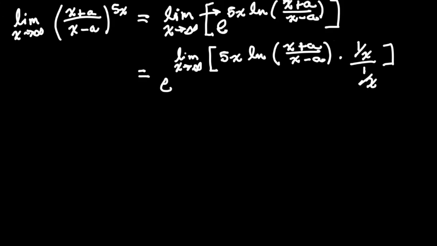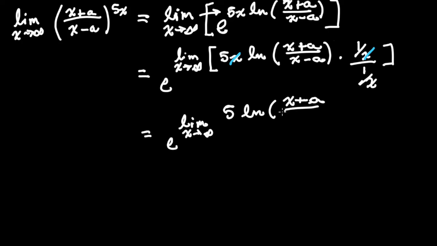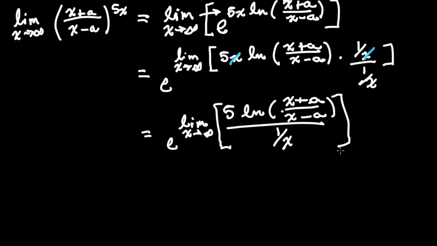And so what happens now is that these x's cancel, and we now have e to the limit as x goes to infinity of 5 times ln of (x plus a) over (x minus a), all over 1 over x, and this is in brackets and all in the exponent of e.